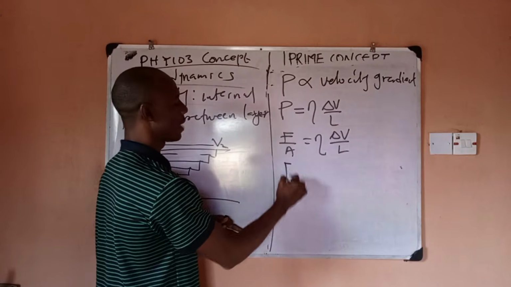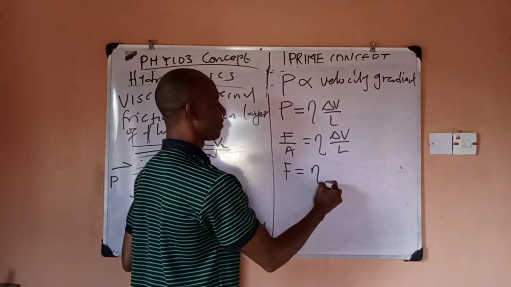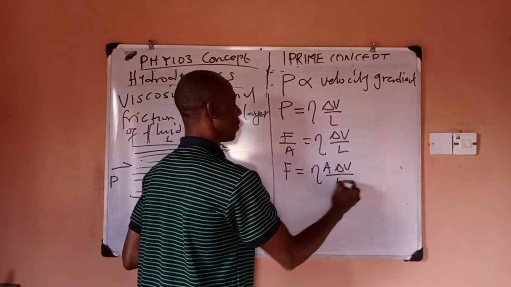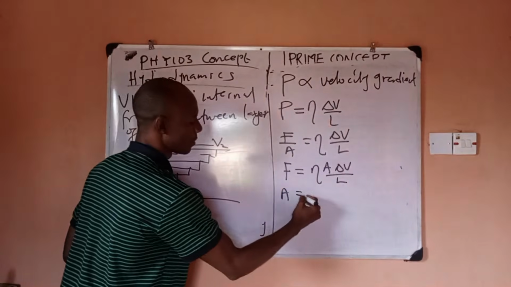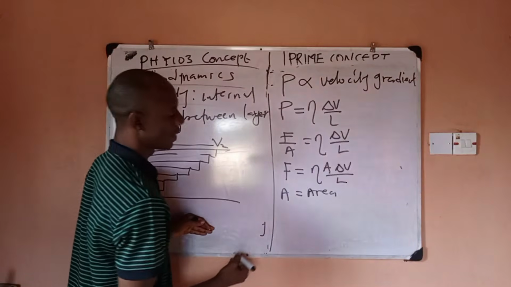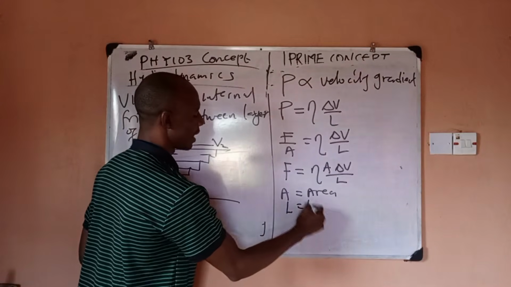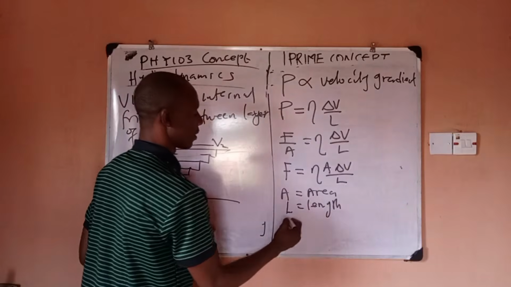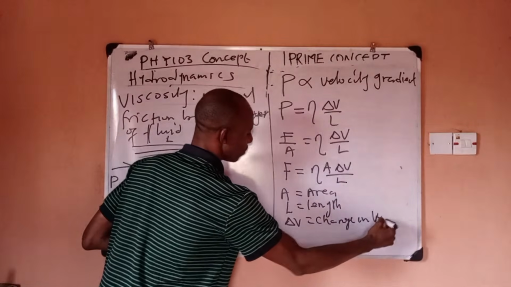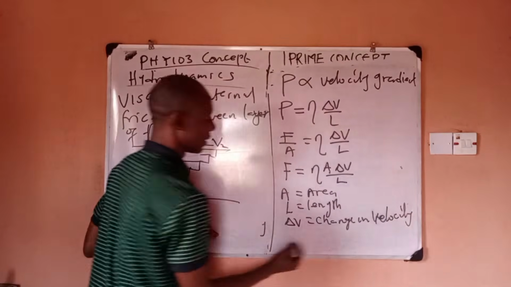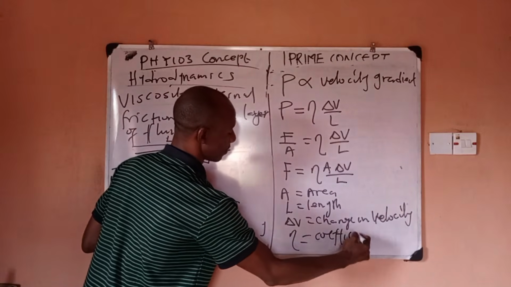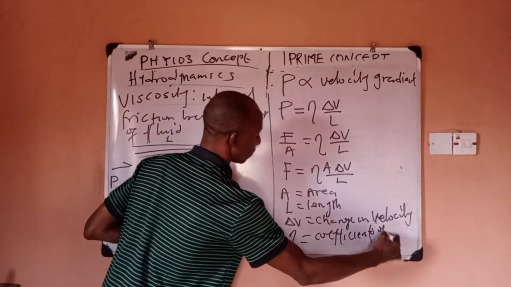I'll have force equals eta times A times change in V over length, where A is the cross-sectional area, L is length, delta V is change in velocity. Then eta is the coefficient of viscosity.